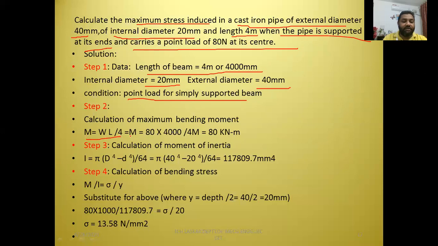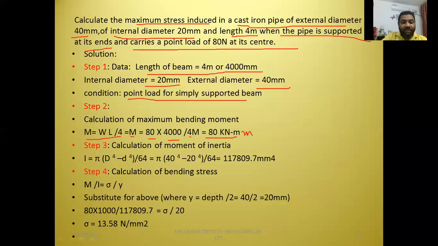This is equal to M. So W is 80, L is 4000, divided by 4, which is 80 kilonewton millimeter, because 4000 is in millimeter.